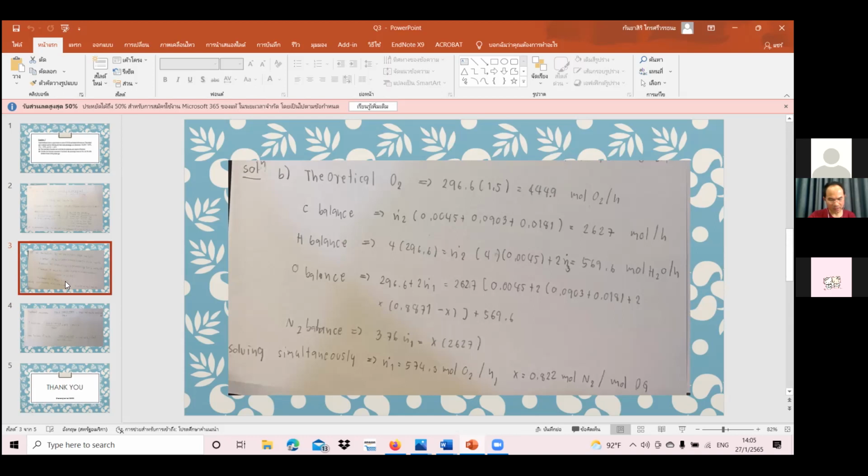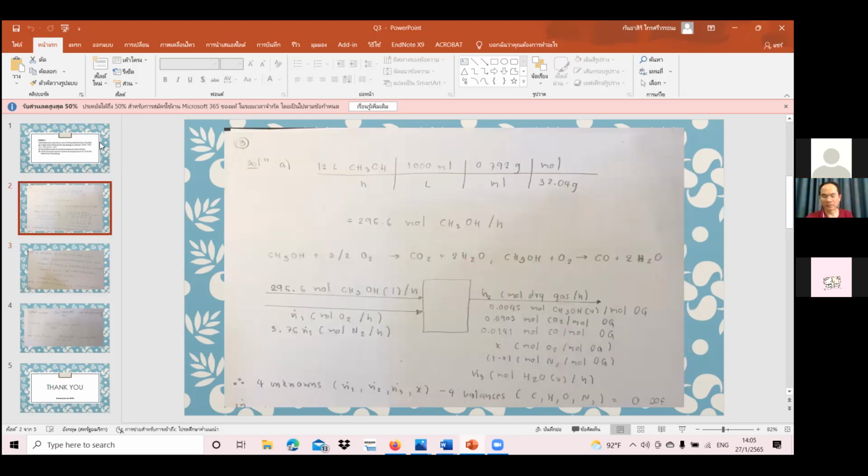Why do you have to multiply by 1.5? Could you explain in detail about the theoretical oxygen? Why do you get 444.9? I use this number. Why do you use that number?